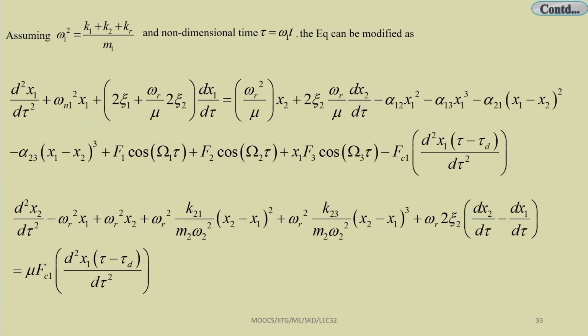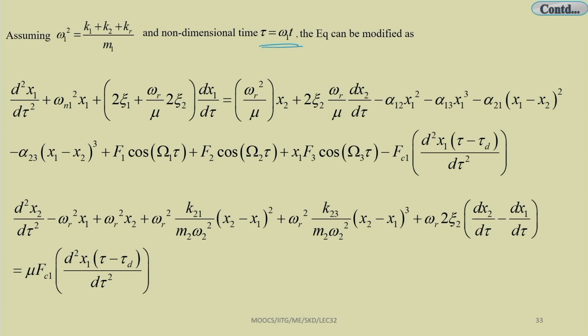The governing equation of motion can be written in this form. So, that is taking this tau 1 equal to omega 1 into t, we have taken in this case.